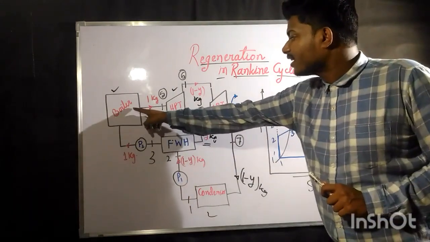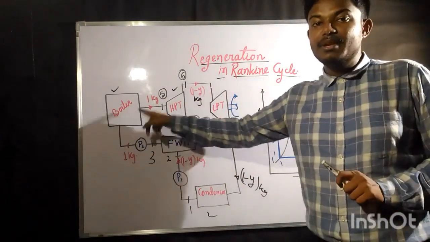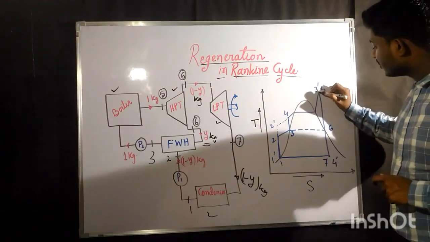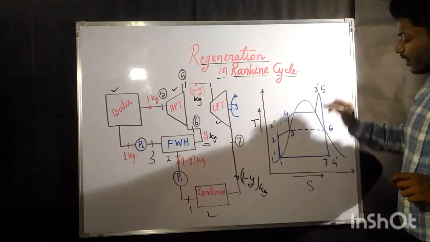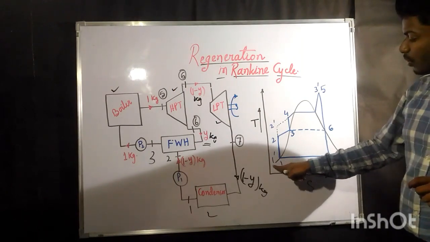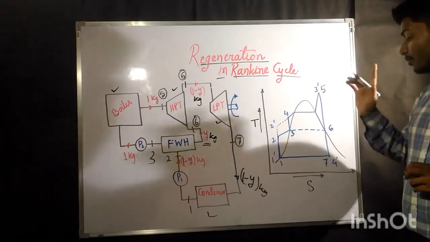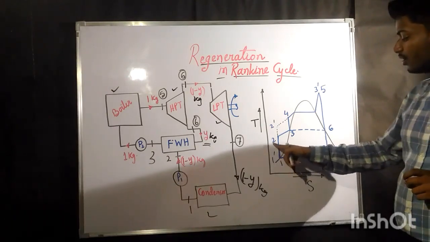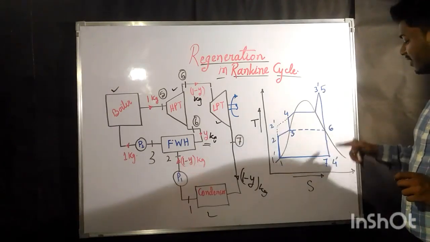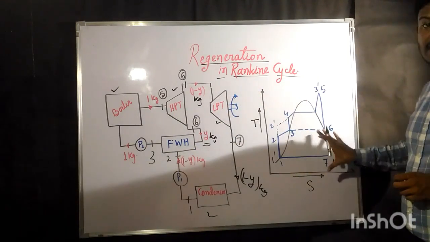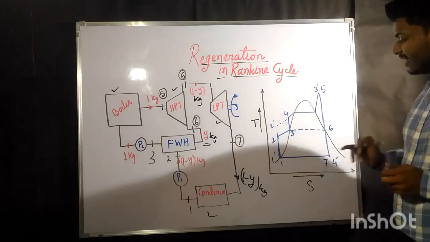What happens after coming out from the boiler? After the heat addition process, the heat addition completes here. Before that you must remember that 1 dash, 2 dash, 3 dash and 4 dash is our normal Rankine cycle. But the regeneration cycle consists of 1, 2, 3, 4, 5, 6 and 7 in the TS diagram.